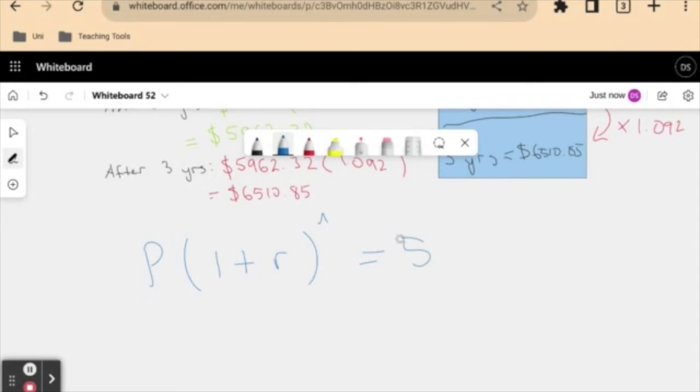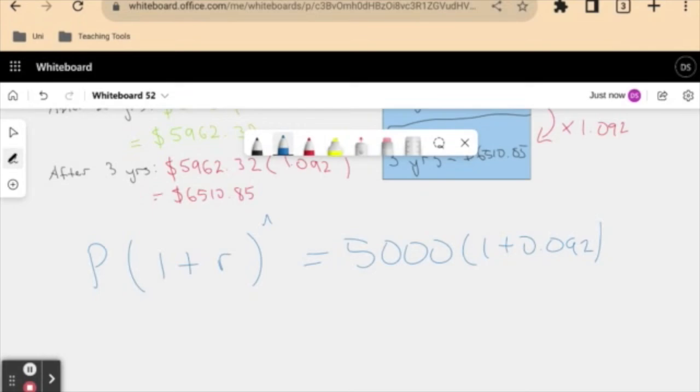So I had 5,000. You guys can check this in your calculators as well. 1 plus our rate, 0.092, to the power of 3. Now, this is the moment of truth. You can feel free to get your calculators out and test this, but I get the exact same thing. I get 6,510.85.